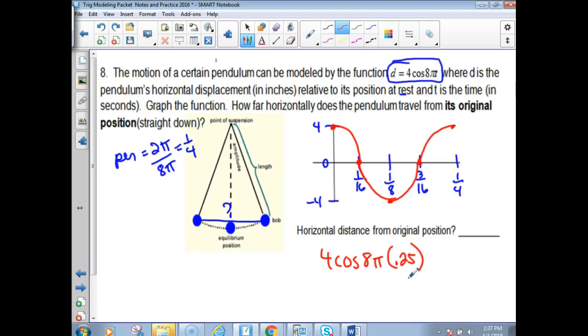I'm not going to. You're getting 4. Okay, because that was the whole point of this, the pendulum's horizontal displacement. So we got 4, and that's in what? Inches.